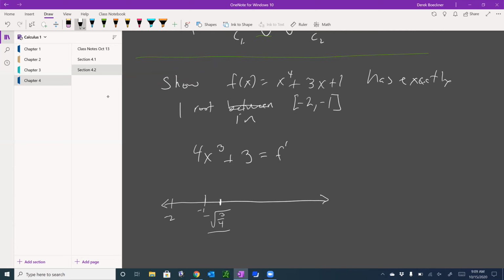We all good with that? Okay. This is the only critical point for f. If there was more than one root in here, then it would have to satisfy Rolle's theorem, right? And you'd have to have some place where the derivative was 0 in there.